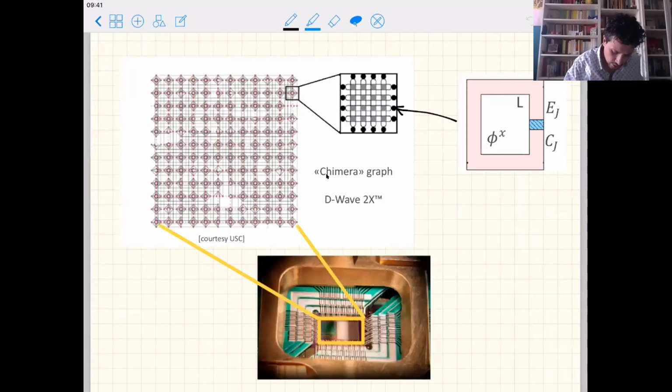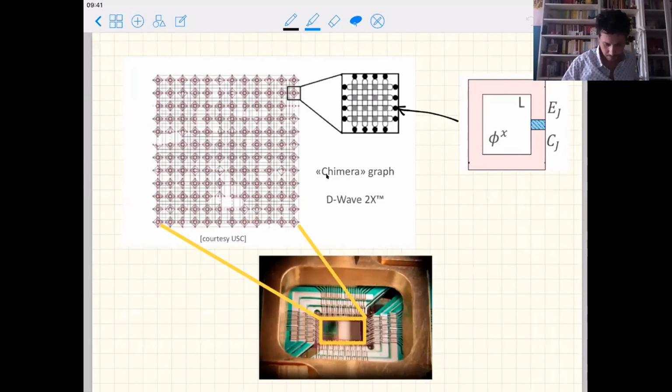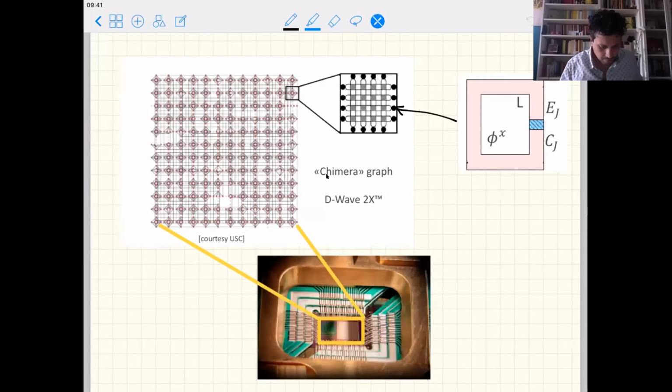And here you see all the wirings that allow you to manipulate the qubits and to read them out. So it's a platform for a quantum many-body system which can be manipulated remotely. That's a nice thing. As theorists, we can now do experiments through these cloud services.